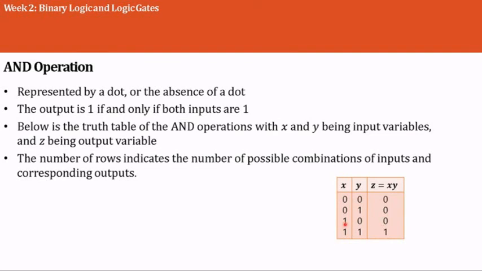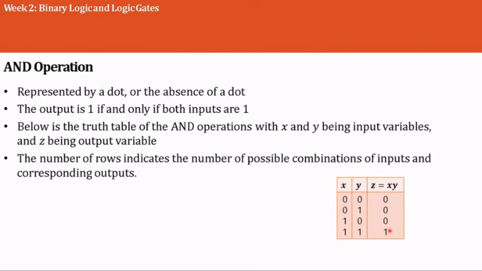Let's say we have the input X equal to 1 and Y is equal to 0. So the value of Z, which is X and Y, is equal to 0. And we have X equal to 1 and Y equal to 1. So X and Y is equal to 1.